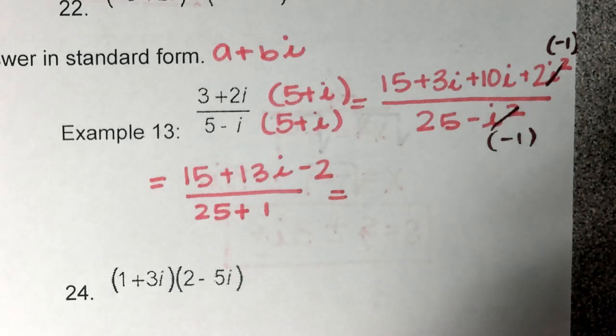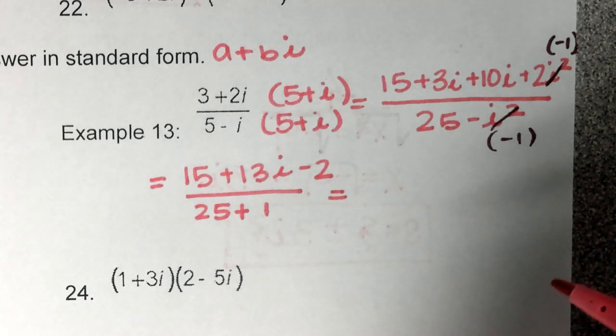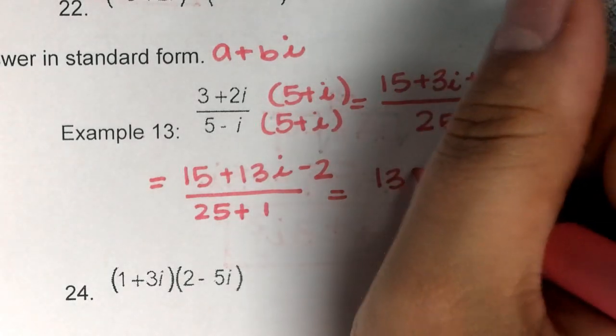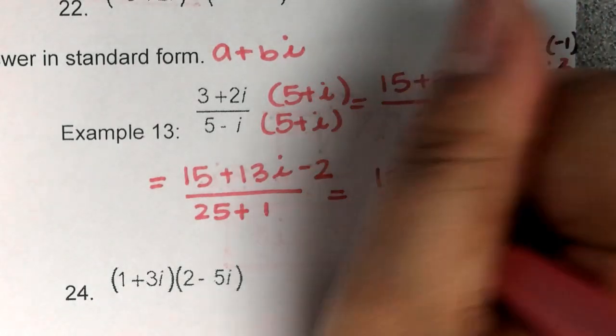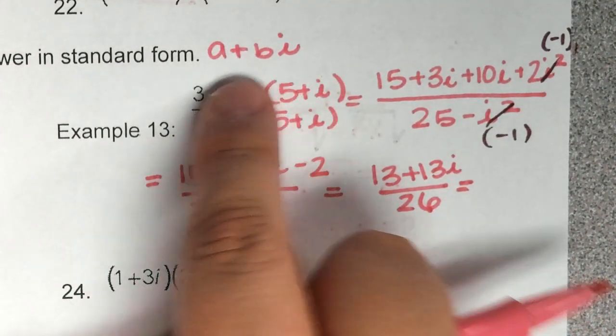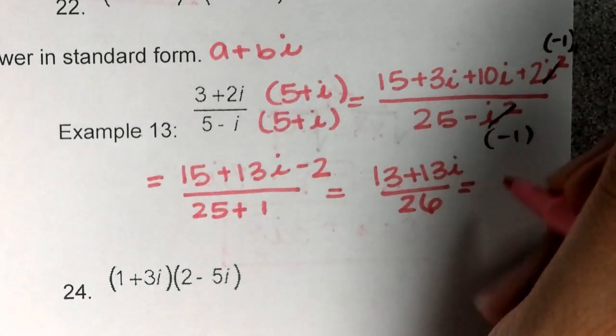What'd y'all get? And I do want it in standard form. So what is 13 over 26?